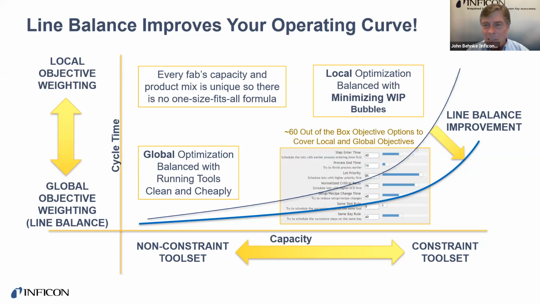I say free, I mean, it's software and there's some work involved, but it is the single largest available improvement to existing factories globally. Basically what I wanted to help you understand today is that these improvements are available, and regardless of where you are today, you should be able to improve.